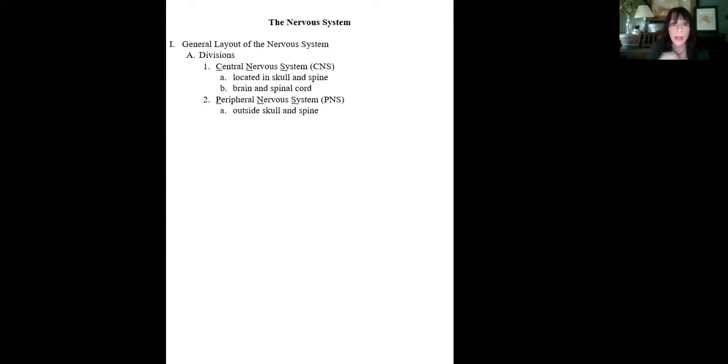The other division is the peripheral nervous system, or the PNS, and that is the part of the nervous system that lies outside of the skull and the spine. So that's a pretty easy way to remember where you can locate each section.